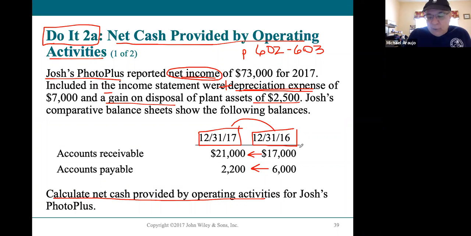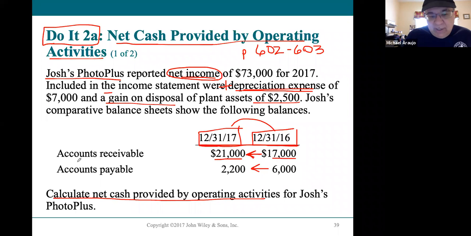And the last thing we have to do is note the changes in the account. So here we went from 17,000 in accounts receivable to 21,000 in accounts receivable. Our accounts receivable increased by $4,000.